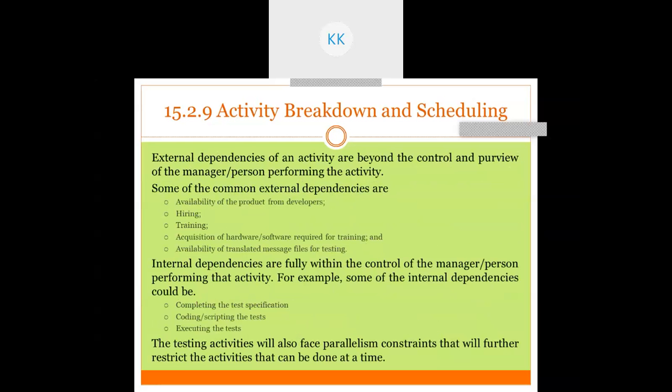External dependencies of an activity are beyond the control and purview of the manager or person performing the activity. Some of the common external dependencies are availability of the product from the developer, hiring, where you don't have enough people, then you don't have enough training, then some hardware or software has not been acquired for training, and availability of translated message files or text.